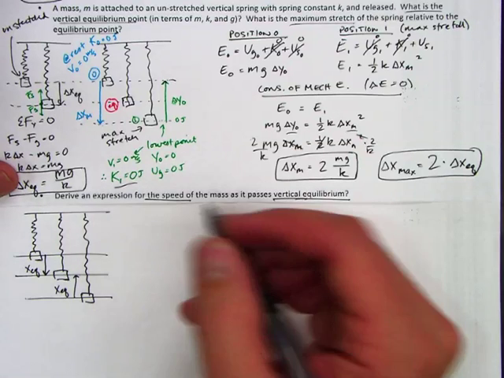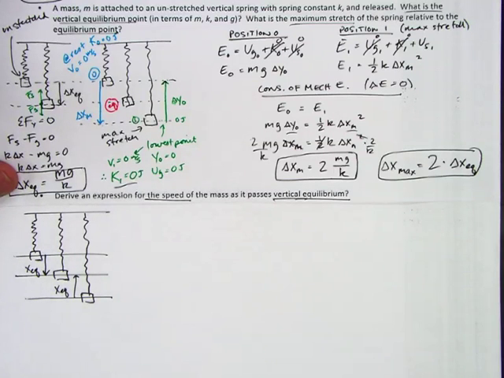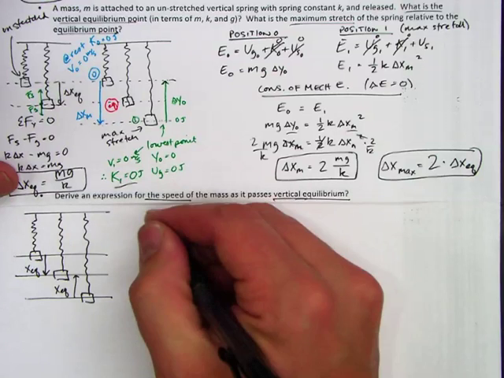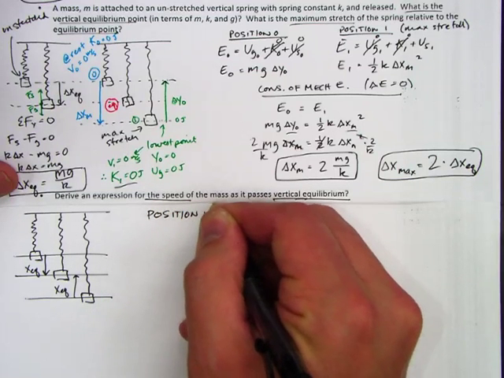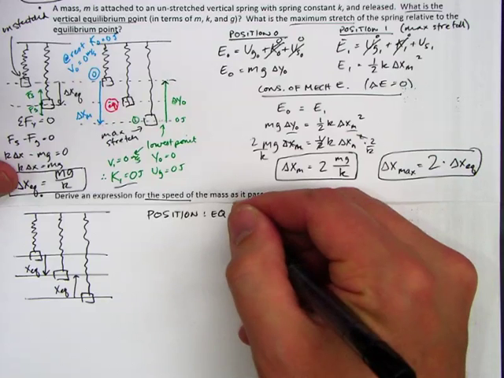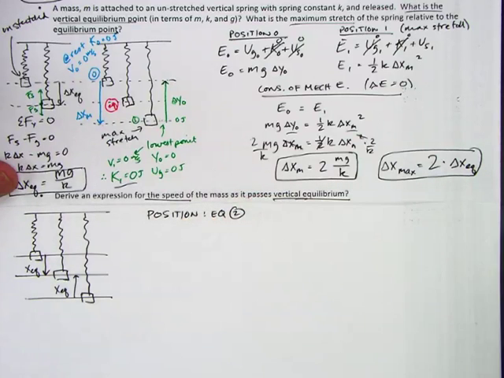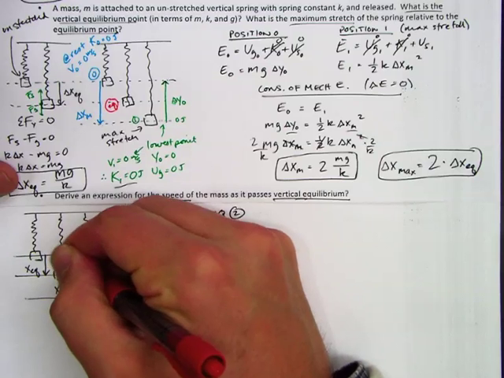Now, if we want to derive an expression, we need to compare the total mechanical energy at equilibrium to the total mechanical energy at any other known point. So let's start by looking at the total mechanical energy at equilibrium. Let's call this position 2 to make it a little easier to write down.